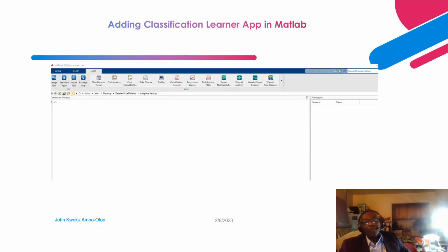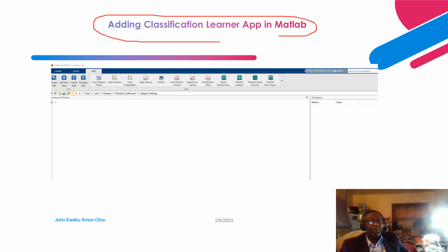In Matlab, you have to have the Matlab software downloaded on your computer. There is a monthly usage you can use on a trial basis, so you can download it for 1 month to learn how to use Matlab.